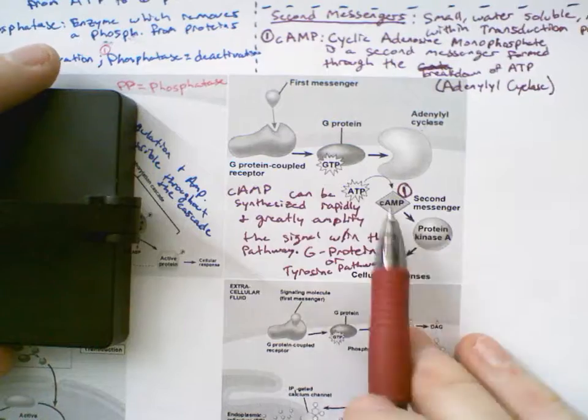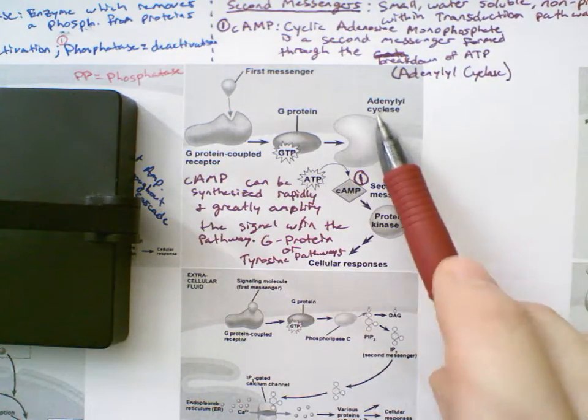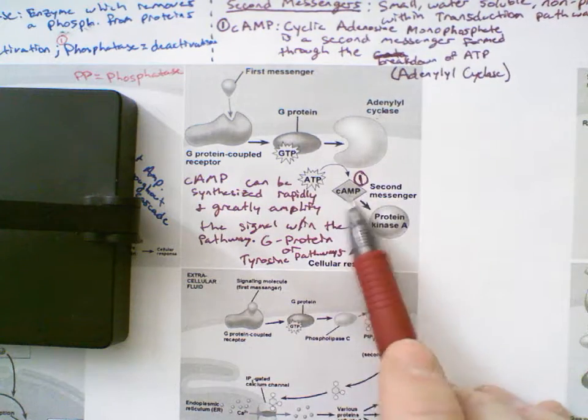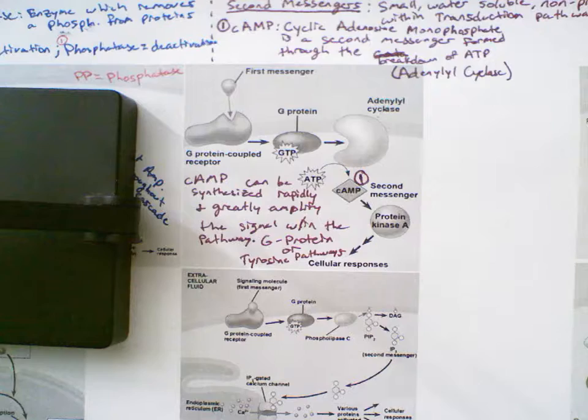Okay. The reason that this can be so good at amplifying a signal is because since we have an enzyme creating this cyclic AMP, remember that enzymes are able to very, very quickly generate product, and they don't get consumed within the reaction that they're generating. If you have a phosphorylation cascade, you have one protein which then passes one phosphate group to another protein.